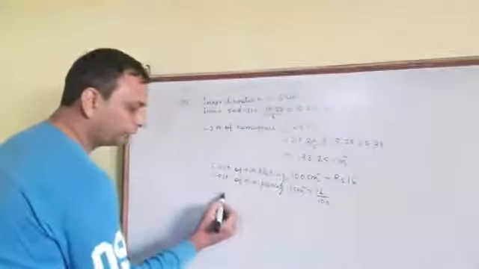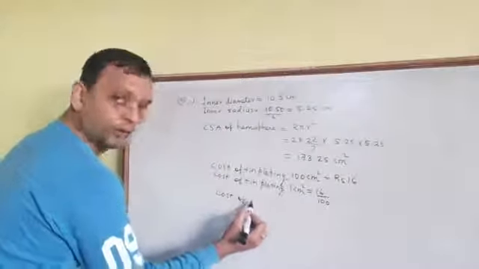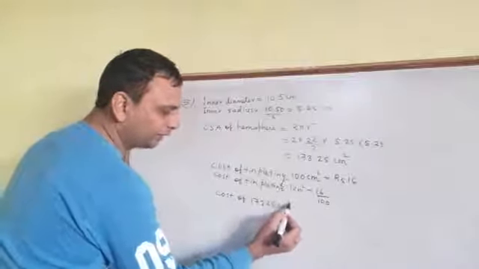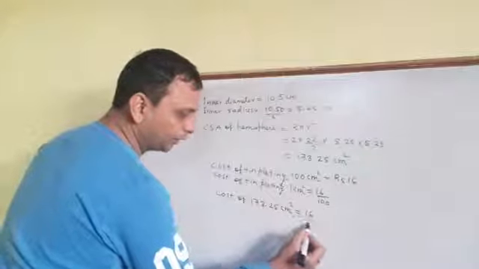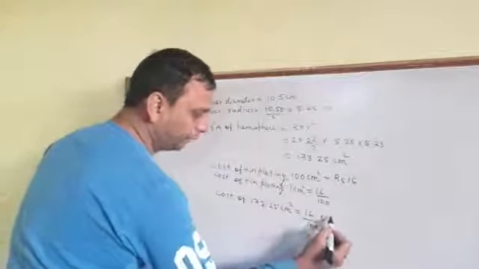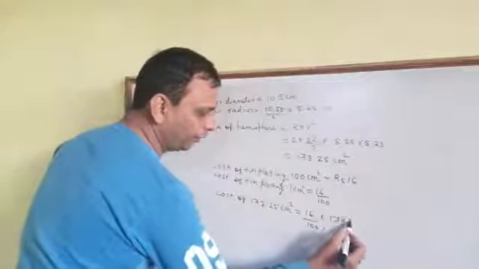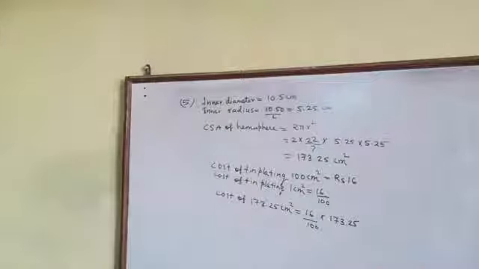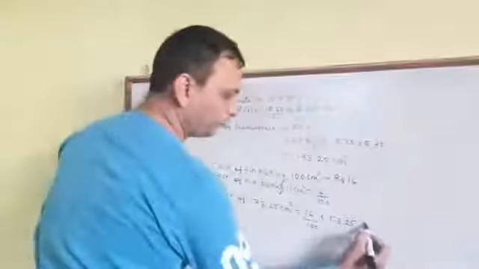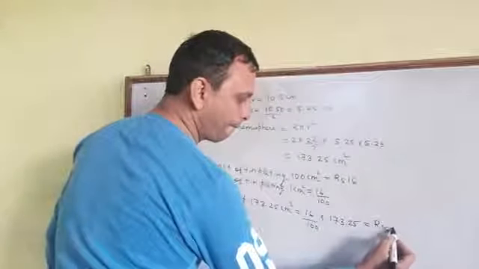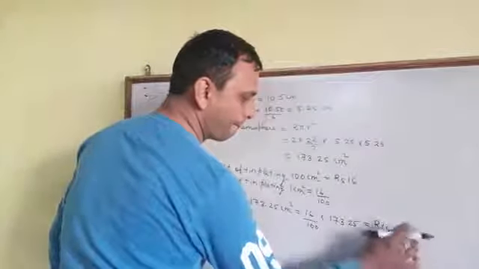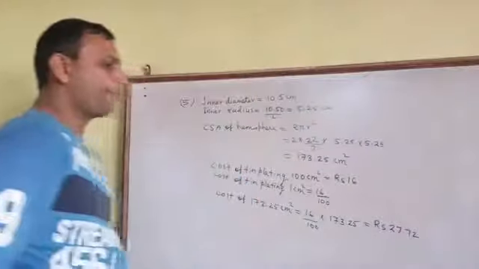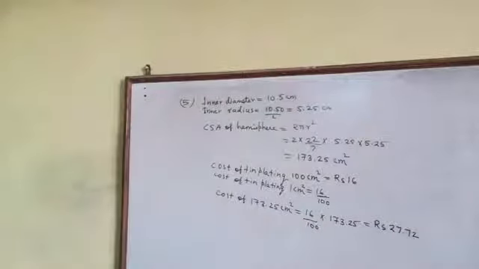The cost of 173.25 centimeter square, 16 upon 100. So on multiplying this we get 27.72 as the answer.